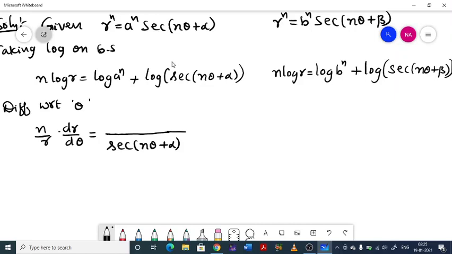So it will be in the numerator secant of n theta plus alpha into tan of n theta plus alpha into derivative of this inner function. Derivative of inner function is n, so you will get n into secant of n theta plus alpha into tan of n theta plus alpha.